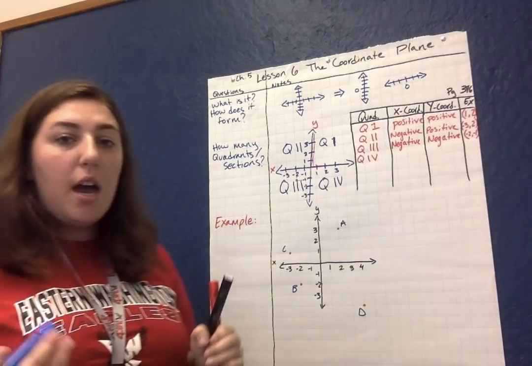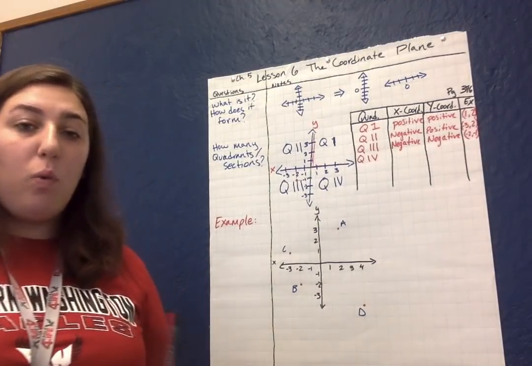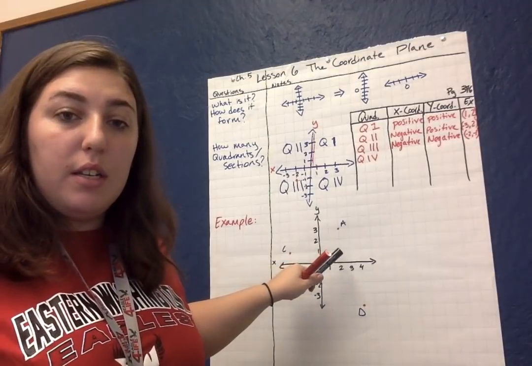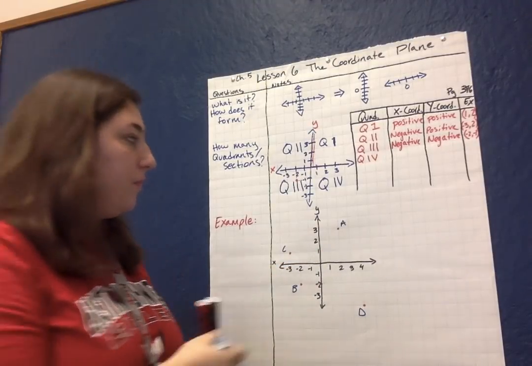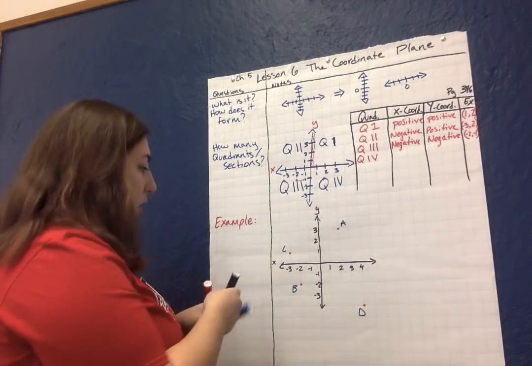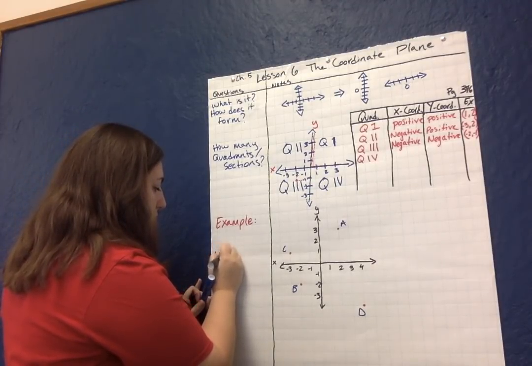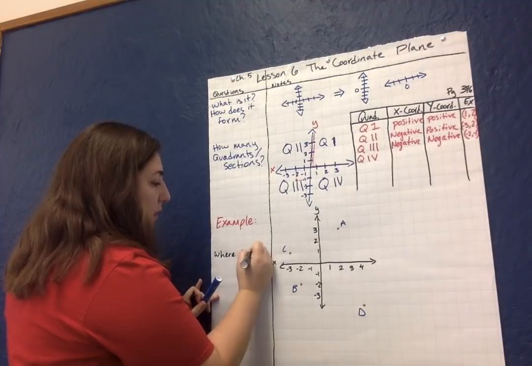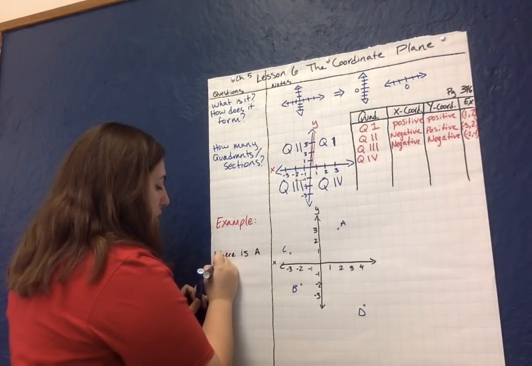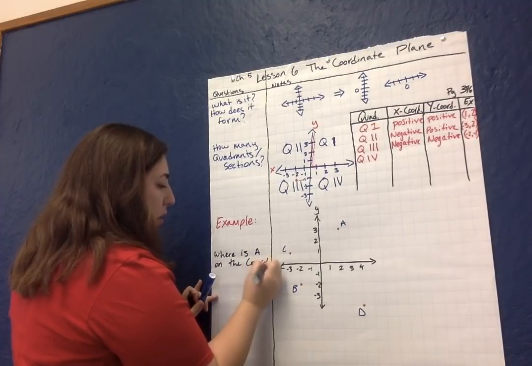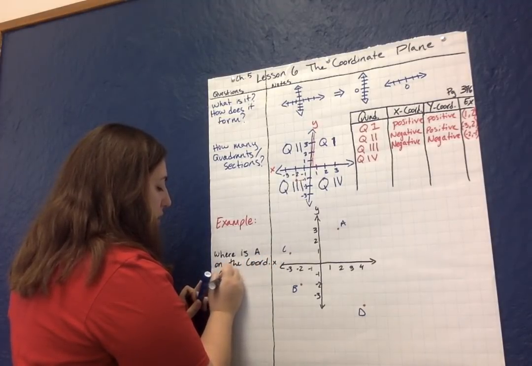Okay, so we have to find out where is dot A. What coordinate is dot A at? So let's put that question over here. Where is A on the coordinate grid?